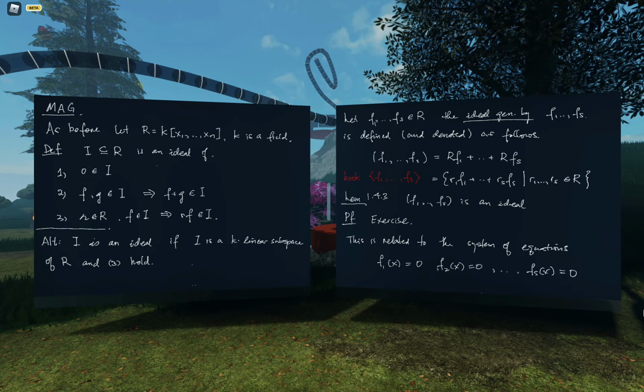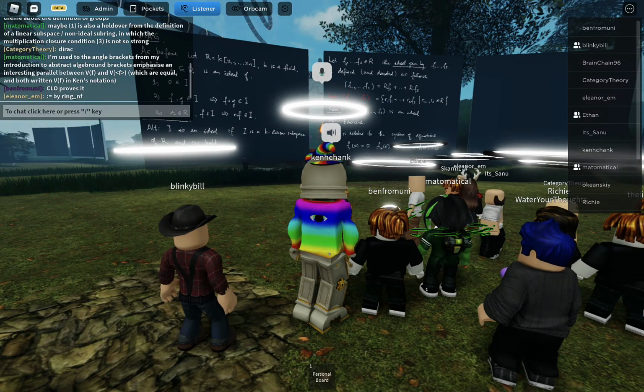When I usually write f1 to fs in R, I won't write the arguments because I'm really thinking of them as polynomials. But if I'm writing down a system of equations, I'm going to write f1(x) equals 0 to indicate that x is the variable that we're talking about.